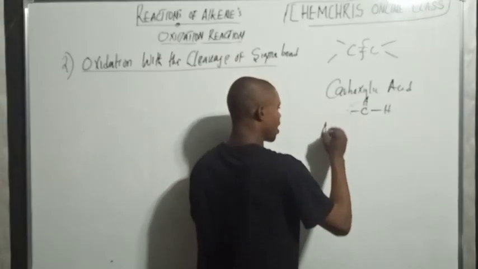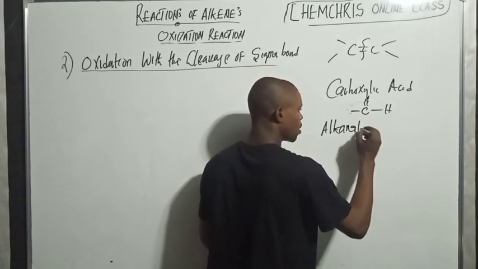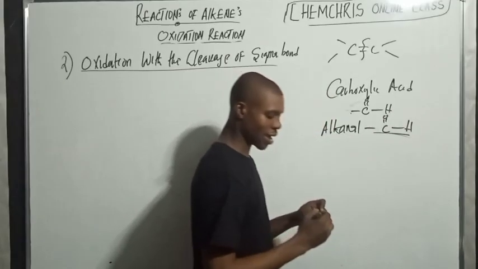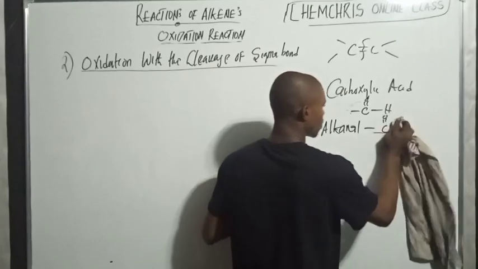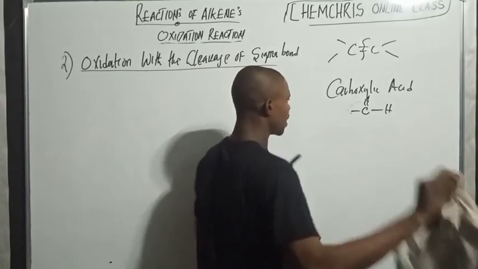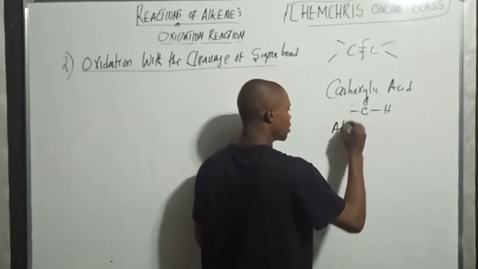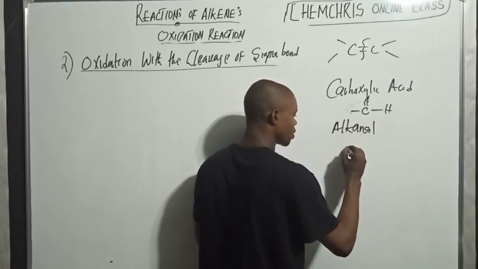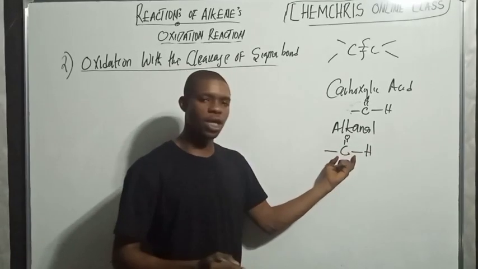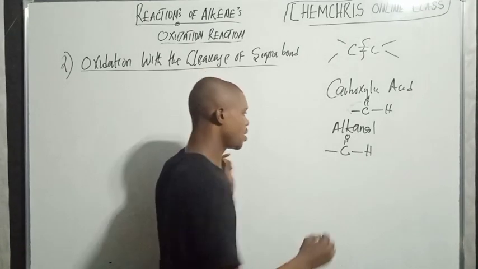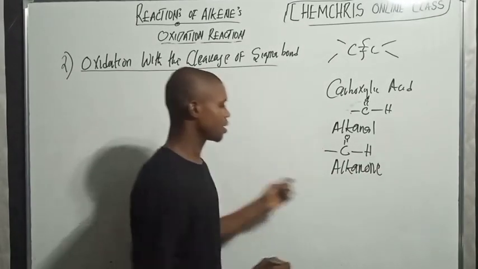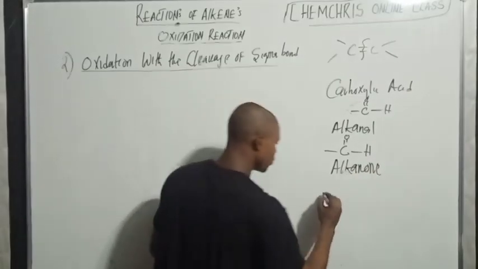You can either get an aldehyde, which is a carbonyl functional group with hydrogen, or it can be a ketone.